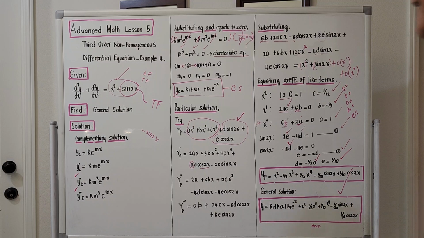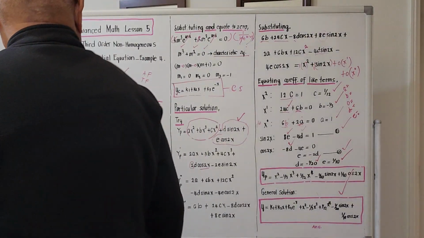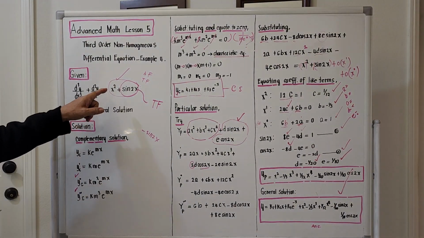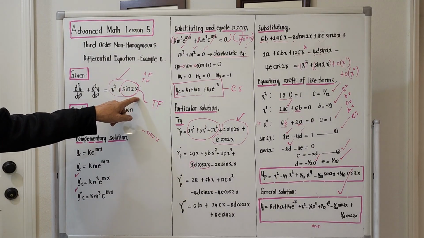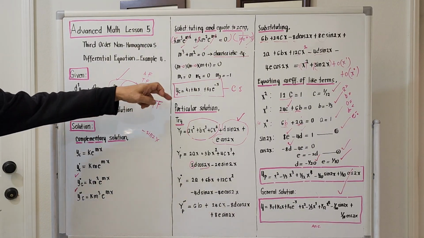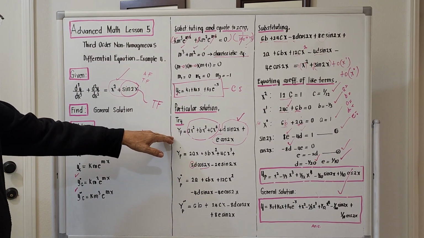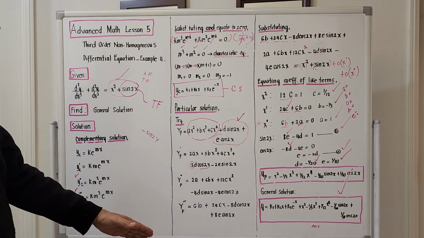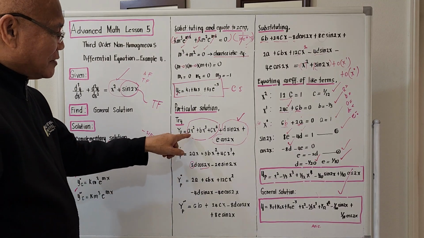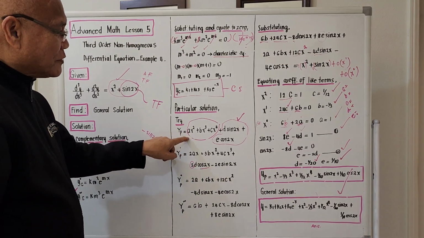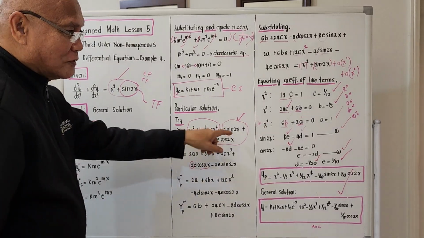Okay, that's it, guys. It's a combination of an algebraic and a sine function. Okay, after taking the complementary, we assume a particular solution. Then try to compute for the unknown constants or unknown coefficients of your assumed particular solution.